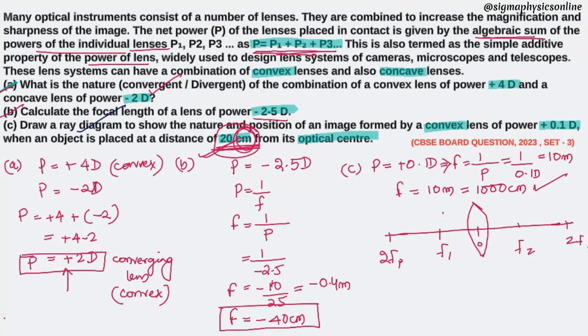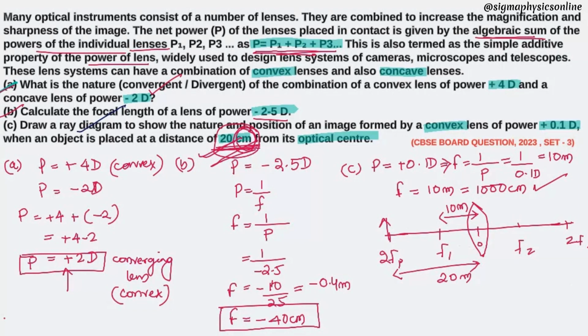Our focal length here is 10 meter, and the object is situated at 2F1, that is 20 meter. If you remember the ray diagrams which you have studied in the book, if the object is situated at 2F1, then the image will be formed at 2F2. It will be a real, inverted image, of the same size as the object, formed at 2F2.